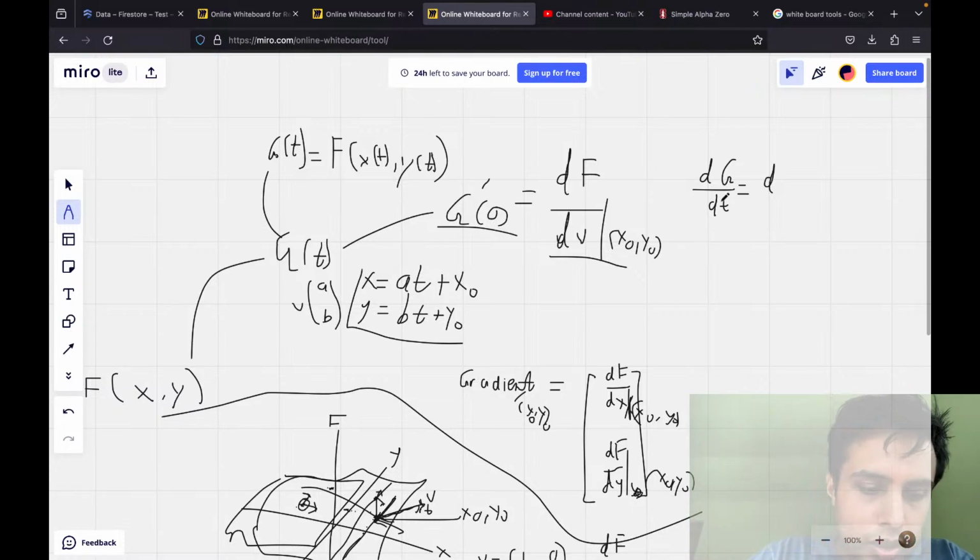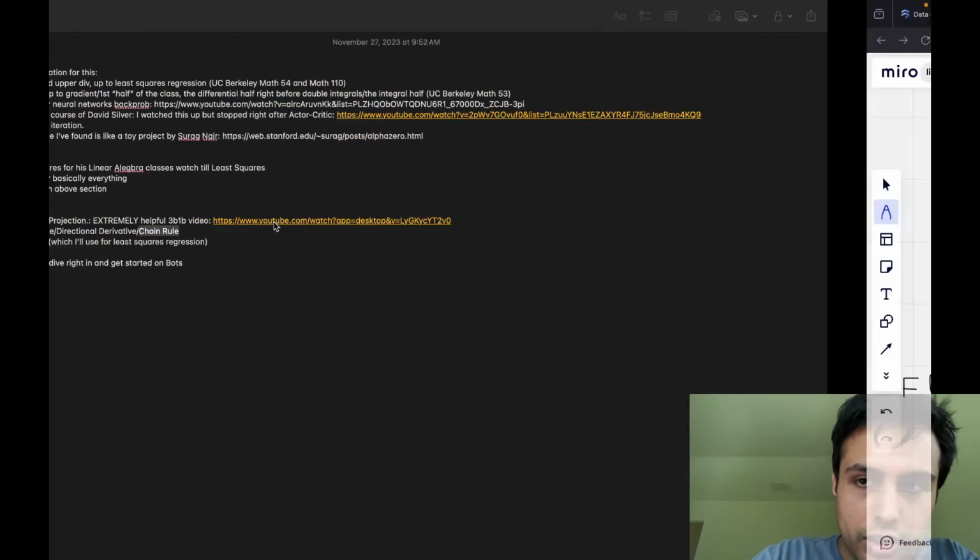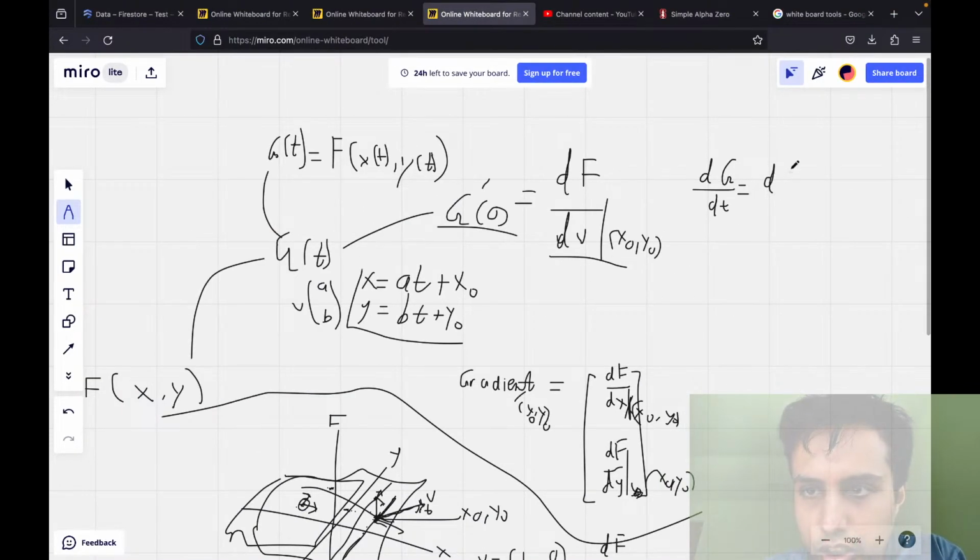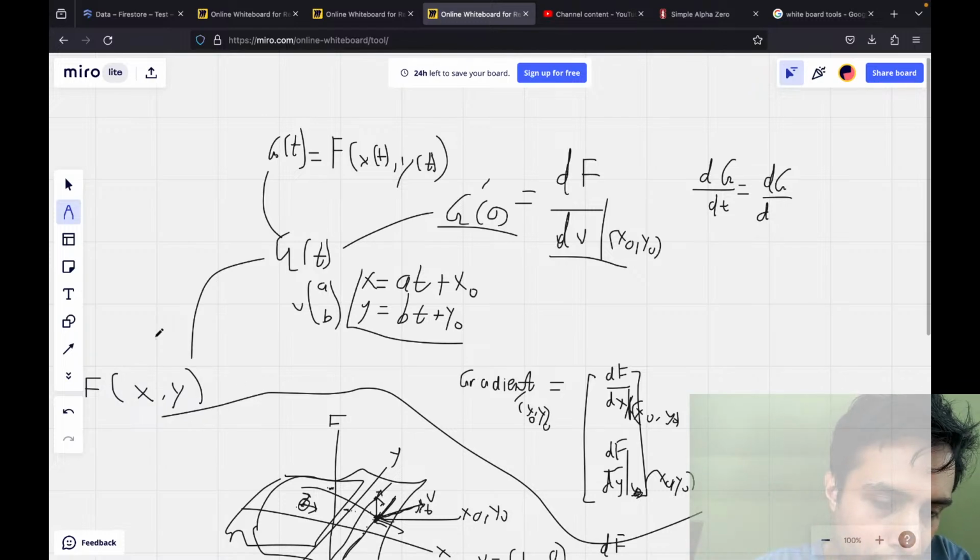So here's where the chain rule comes in. dg dt is, because f has x and y, df dx and df dy, but df dx and df dy in turn change with t.